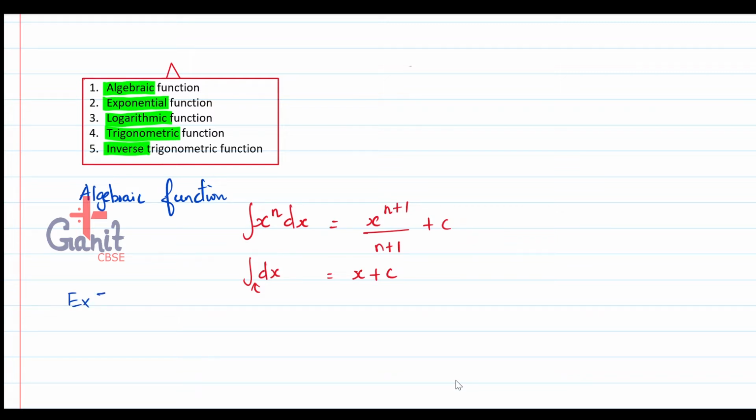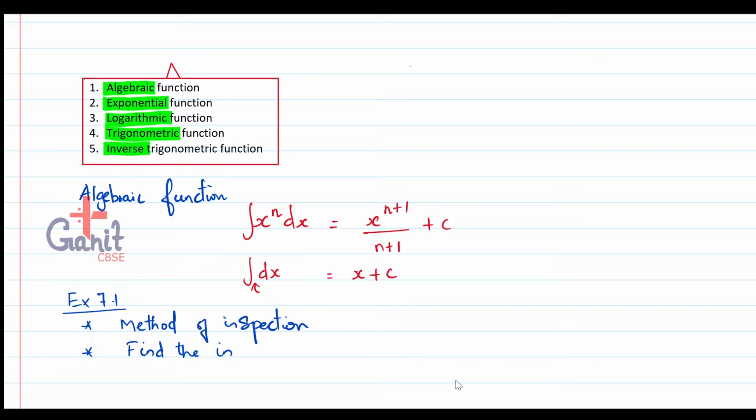There are 2 types of problem in exercise 7.1. One is find the integral by method of inspection, and the second is using the formula.